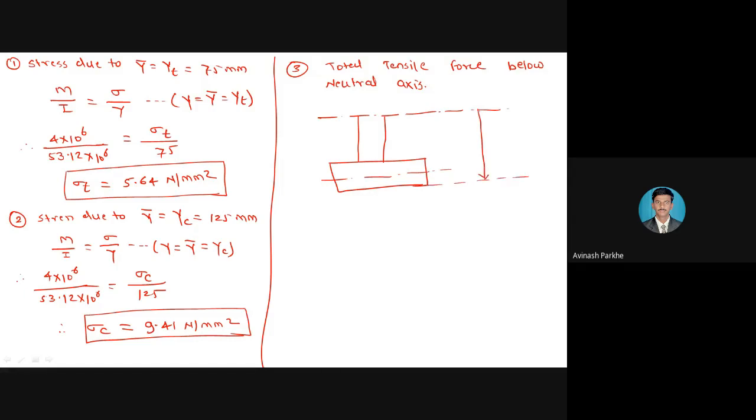Whatever we have calculated, y bar is equal to yt is equal to 75. This dimension we know is 50 mm. The bottom dimension also we know is 150 mm. The left side dimension is also 150 mm. So this is the hatching portion.